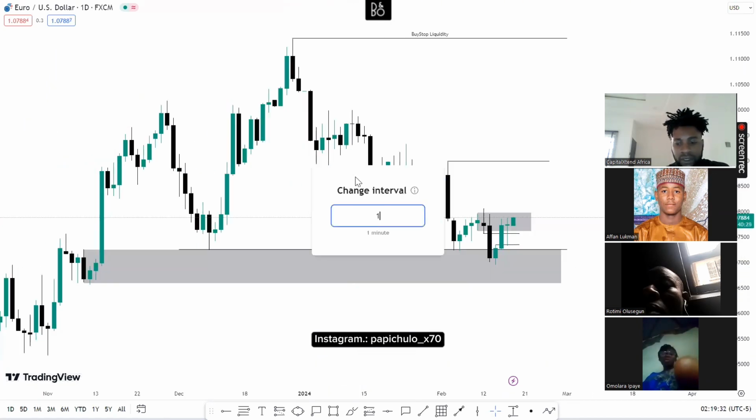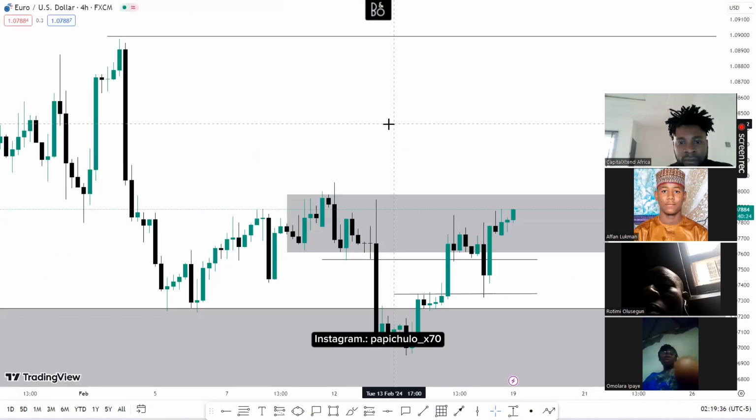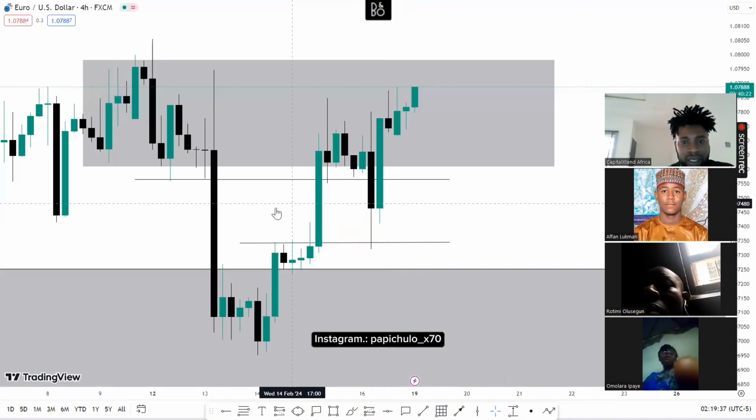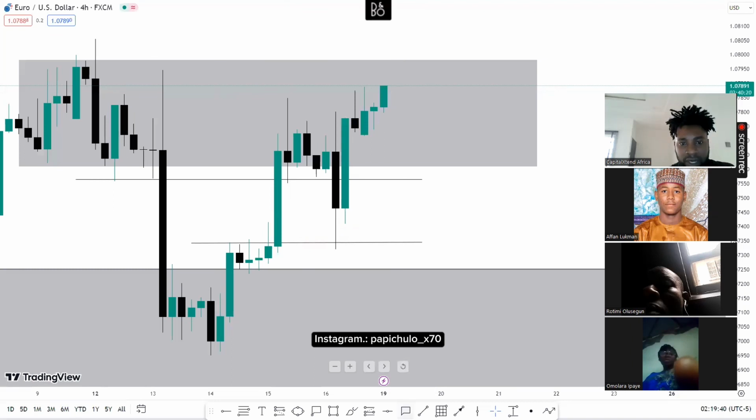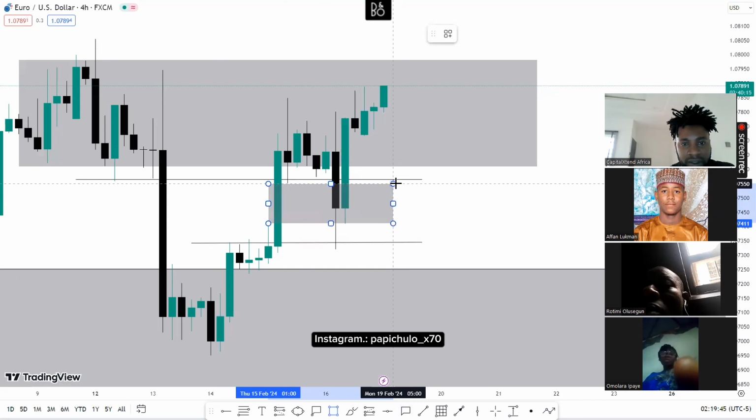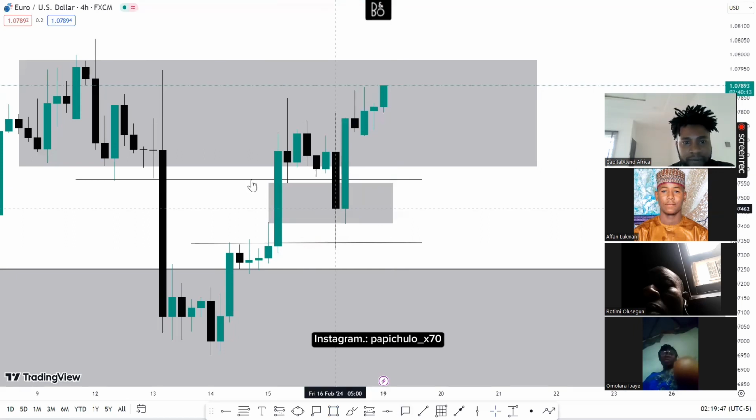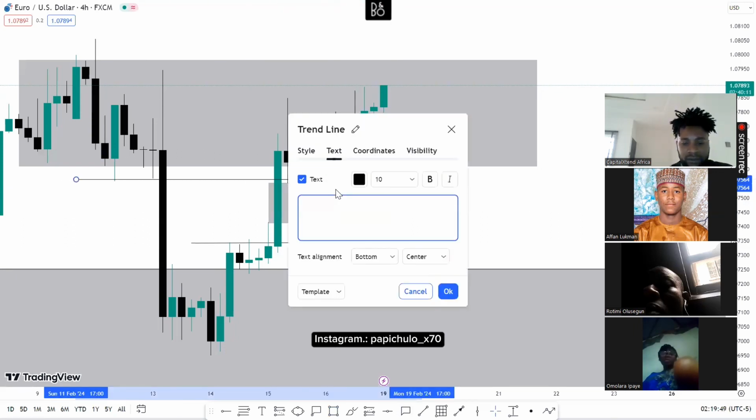Going down to the 4 hours, you see how this 4-hour gap held price and is still holding price from Friday.